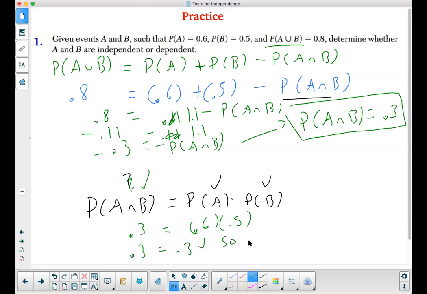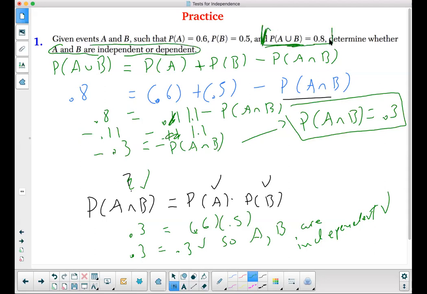And our conclusion is that A and B are independent. Okay. So this is a pretty classic problem where you're asked whether they're dependent or independent, but you don't have enough information and you need to use this formula to figure that out.